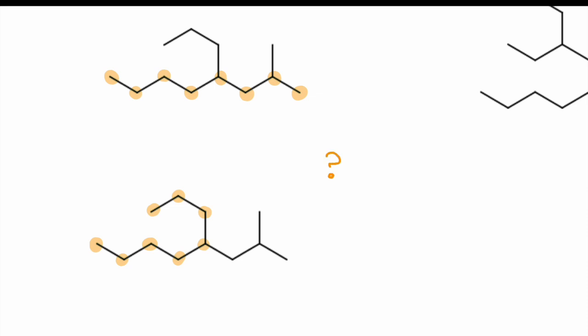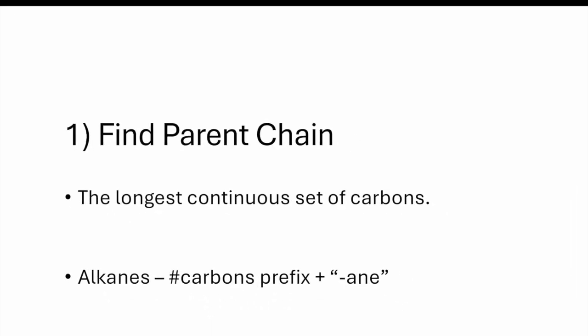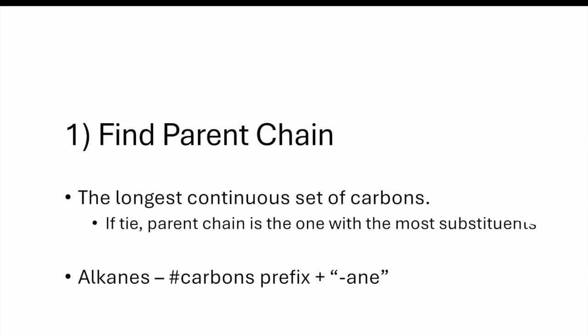All right, so if we have a tie with our parent chain, we want the longest continuous set of carbons, but we got a tie. We're going to break that tie depending on the number of substituents. So our parent chain, we're going to pick our longest continuous set of carbons. If there's a tie, our parent chain is going to be the one with the most substituents sticking off of it.